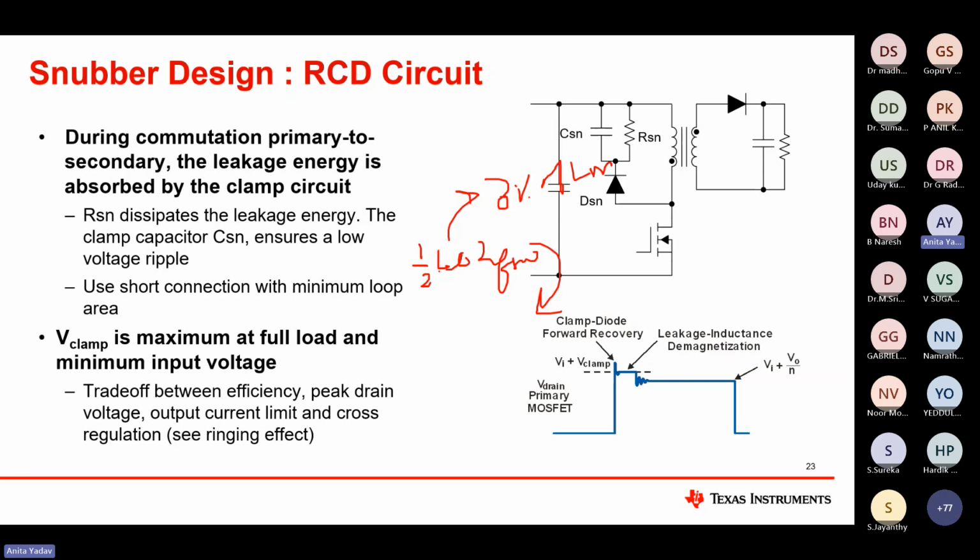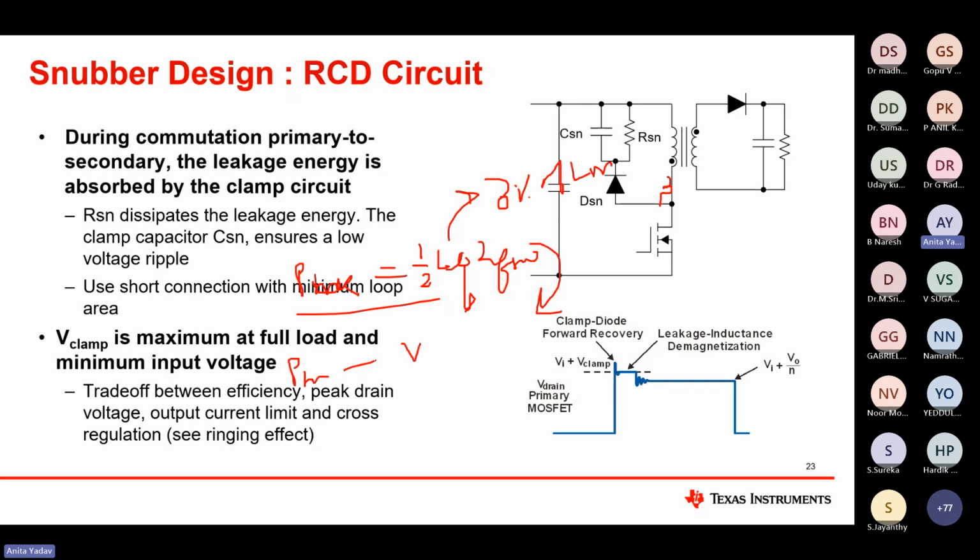So we know L, we know I, as we can decide which max I peak we want, and we know the switching frequency. So we calculate the total leakage power. What amount of energy will get stored inside the leakage? We can calculate it.